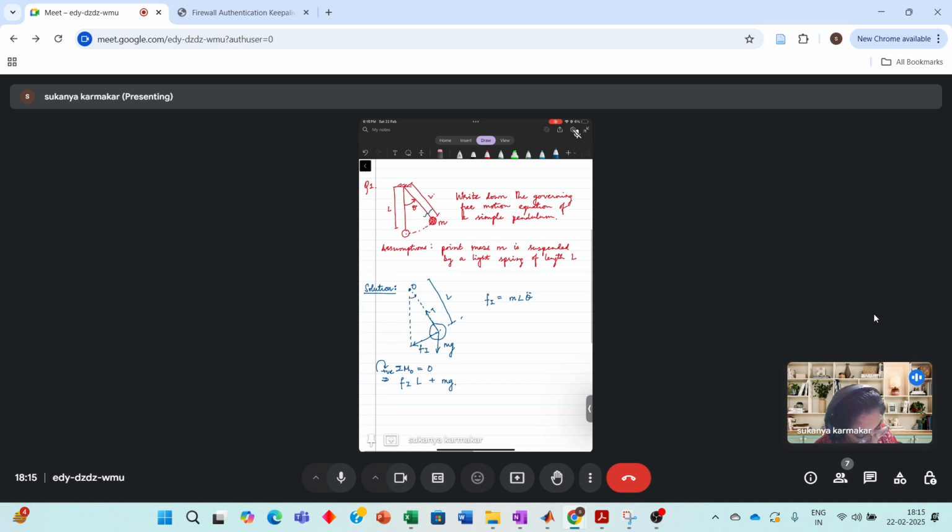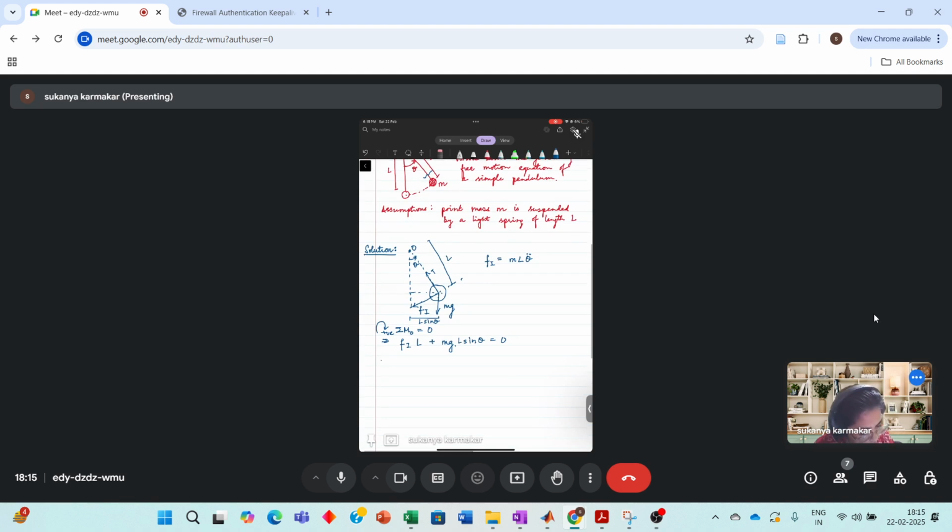So this angle is theta, so this distance is L sine theta. When you're taking the moment of the force mg, it will be the force into the lever arm, that is L sine theta, is equal to 0. Now just substitute: m L square theta double dot plus m g L sine theta is equal to 0.